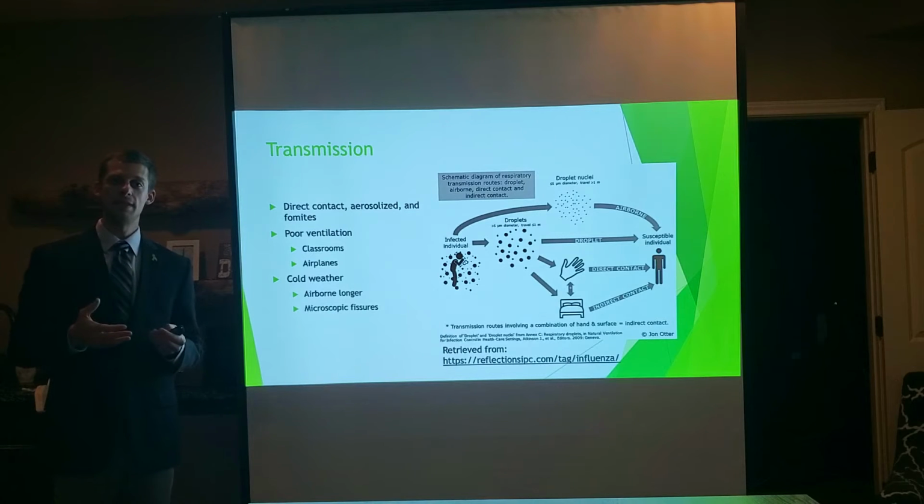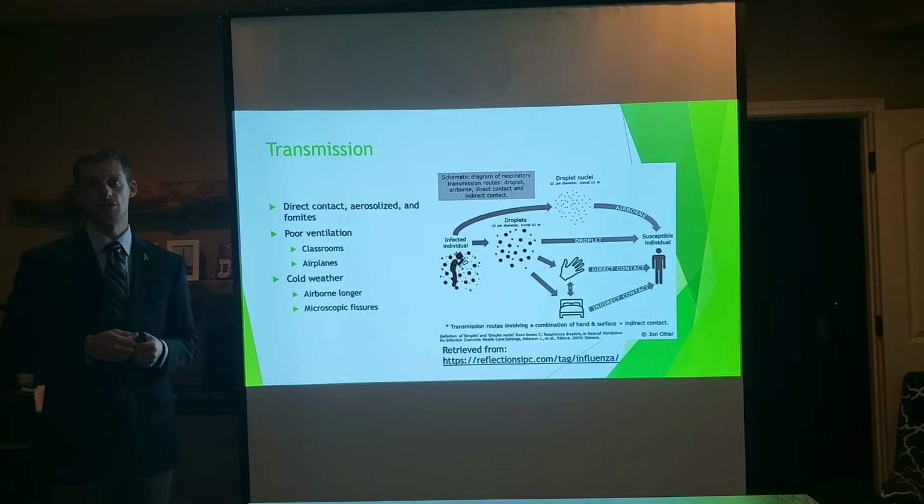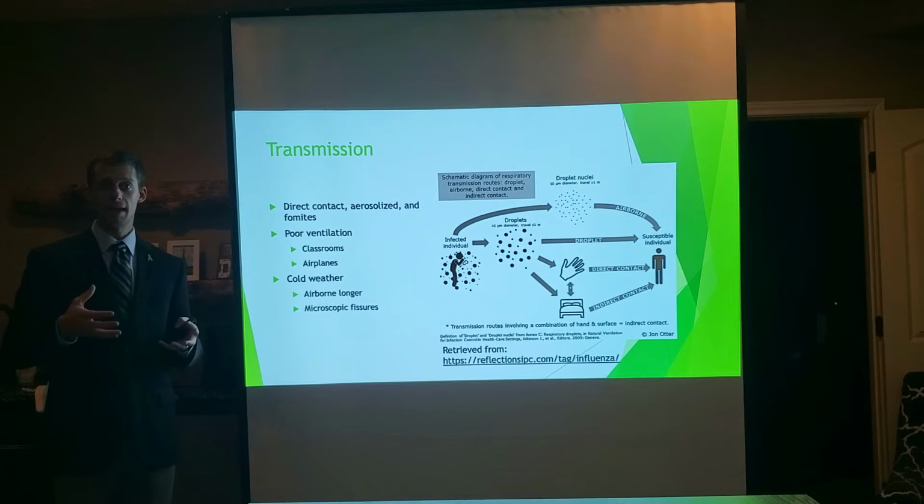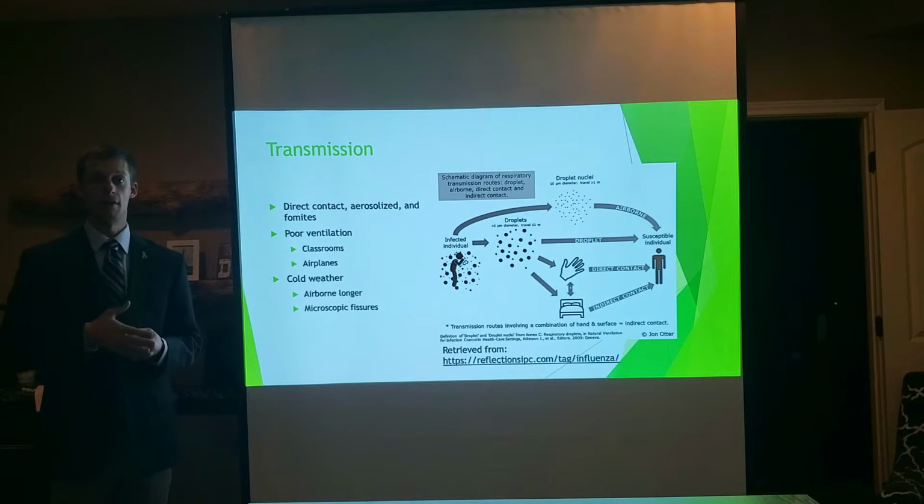Transmission of influenza is usually by direct contact with the infected individual, or by aerosolized droplets, such as sneezing or coughing on somebody. It can also be transmitted by fomites on surfaces and objects, but this is less frequent. Poor ventilation can add to the transmission.